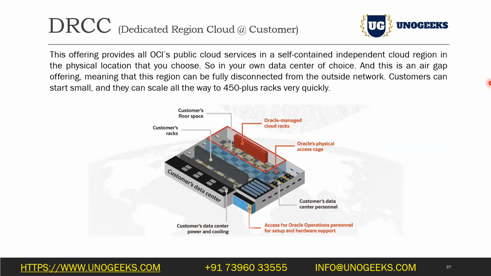So DRCC, as we discussed, this offering provides OCI public cloud services in a self-contained, independent cloud region. Say you have bank data and regulations say you are supposed to keep your data on-premises only, not in OCI. In that scenario, you use your data center locally. You create a customer data center, and in the same location, the cloud provider creates a dedicated region for the customer.